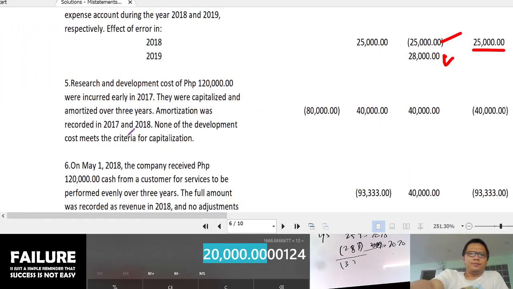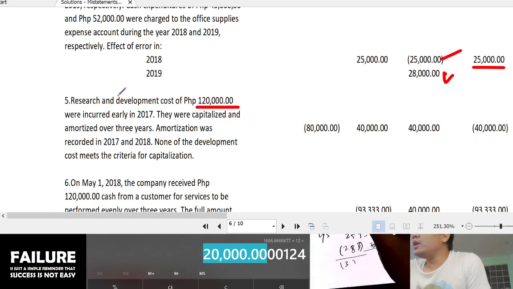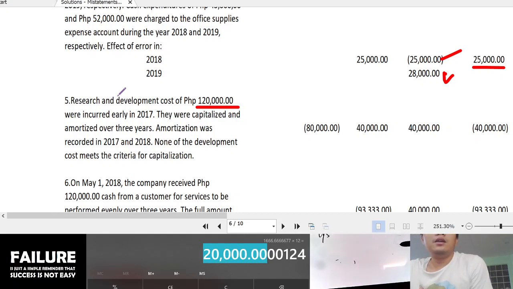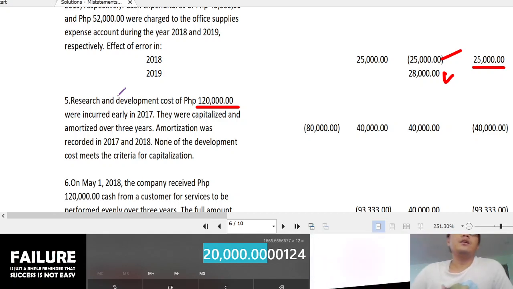Number 5. Research and development cost amounting to 120,000 were incurred early in 2017. They were capitalized and amortized over 3 years.